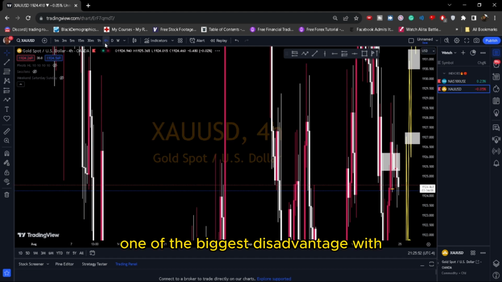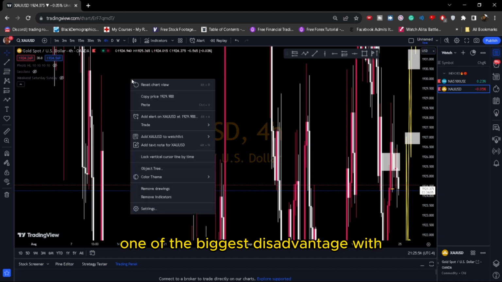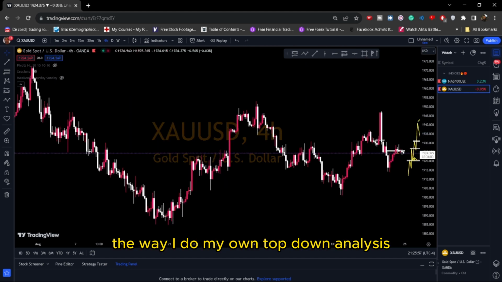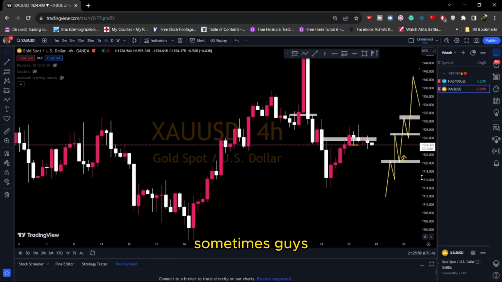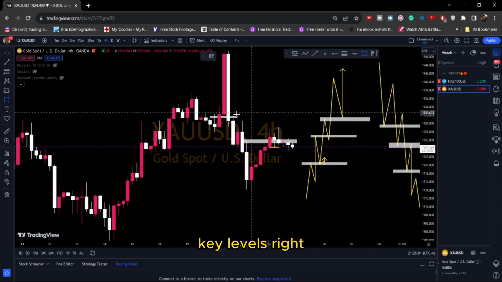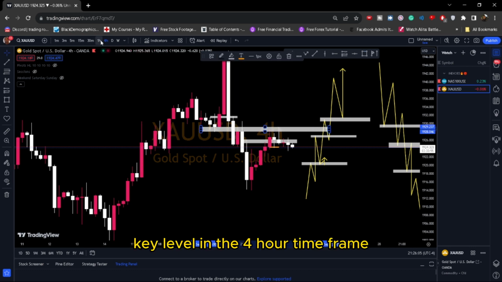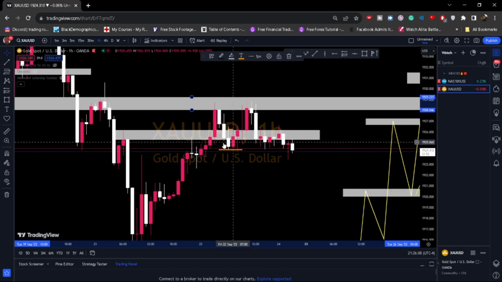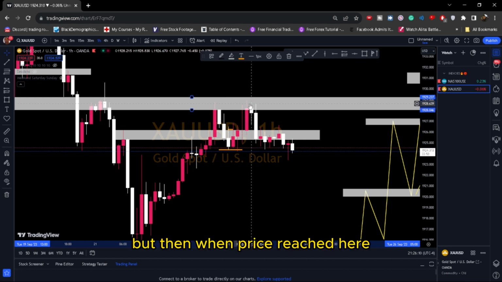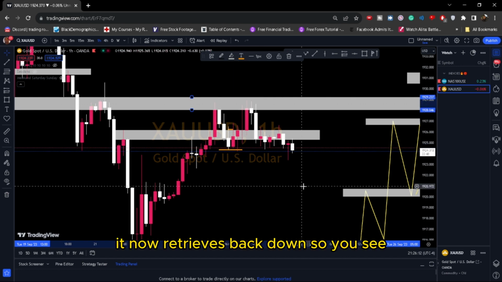Also, guys, one of the biggest disadvantages with the way I do my own top-down analysis using the 1 hour time frame is that sometimes you can miss key levels. Because here was actually a key level in the 4-hour time frame, and as you can see, I took my buys here, but when price reached here, it retraced back down.